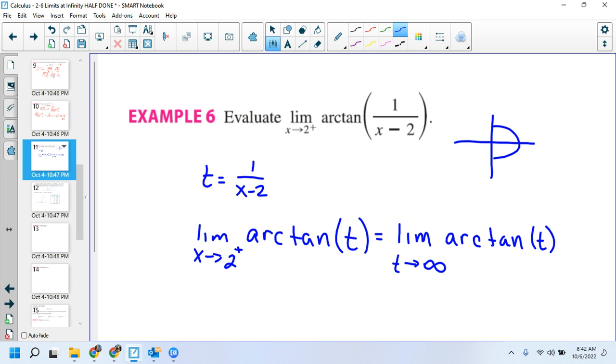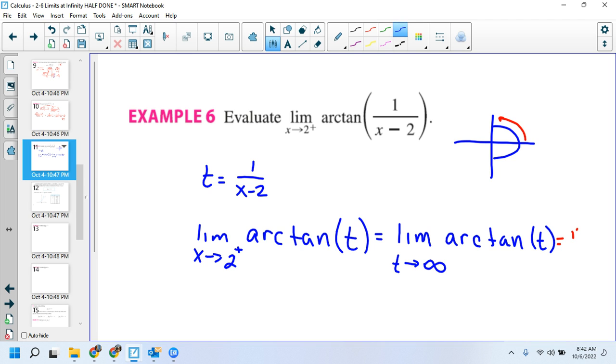And I want to say the limit as t goes to infinity. As I get bigger and bigger and bigger this way, that's the limit as t goes to infinity. So what is the limit as t goes to infinity of arctan t? It's going to keep getting up and up and up. So that means it is pi over 2.